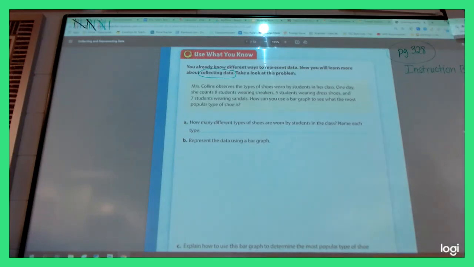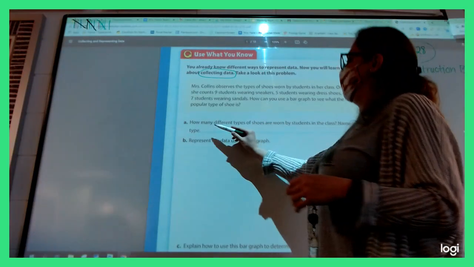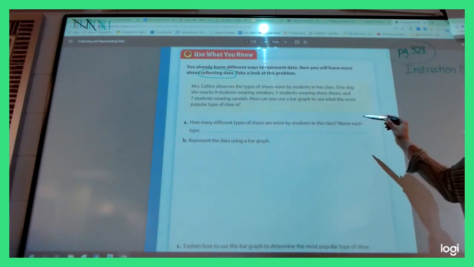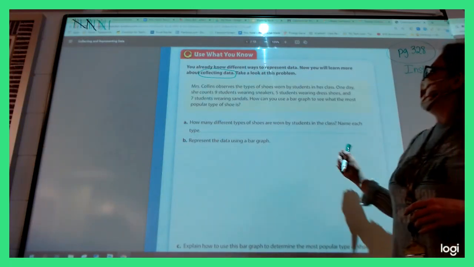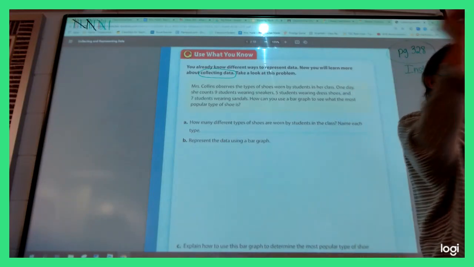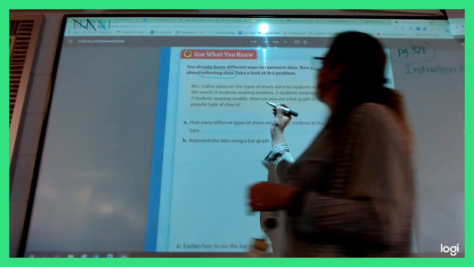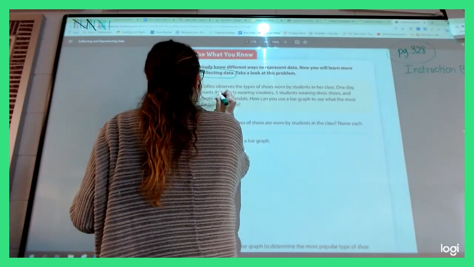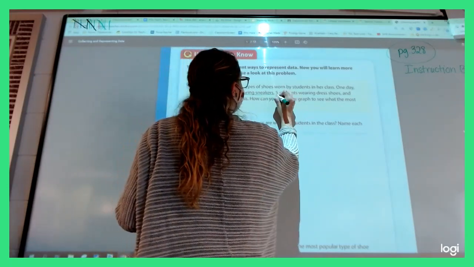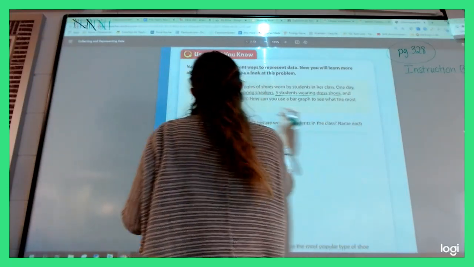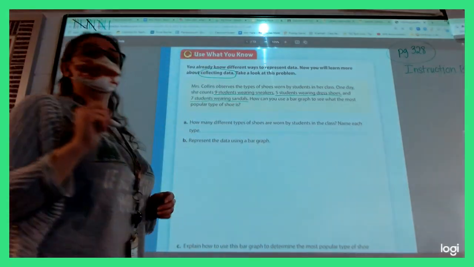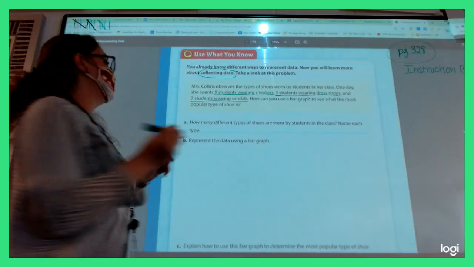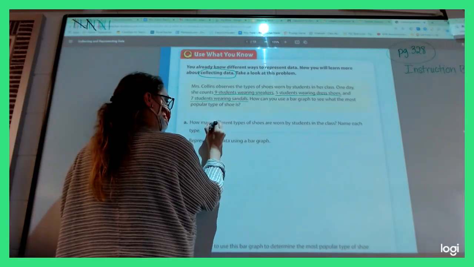So first of all, question A is saying, how many different types of shoes are worn by students in the class? Name each type. All right, so go through your problem. Any different type of shoe, underline it. I'll do the same. Okay. So I found that there are 3 types of shoes, right? So on our line, how many different types? We can say 3.